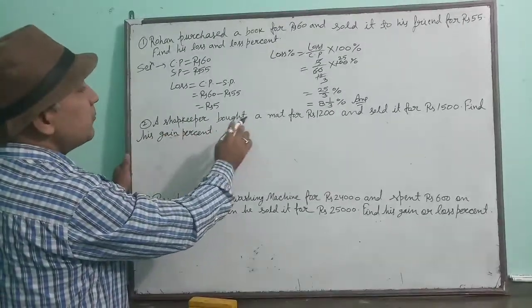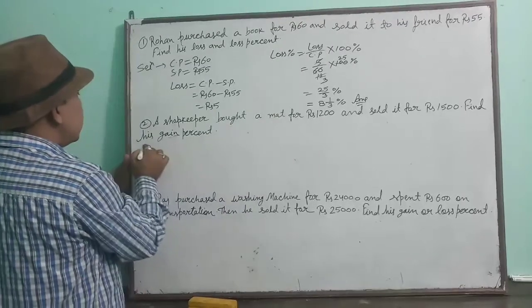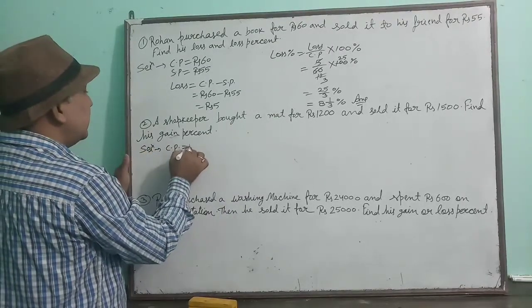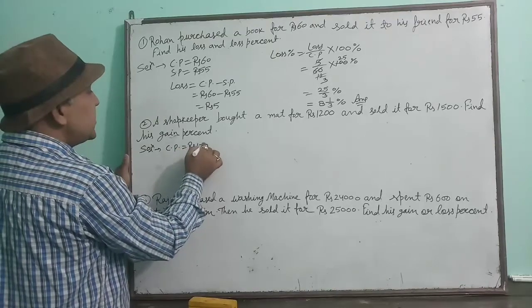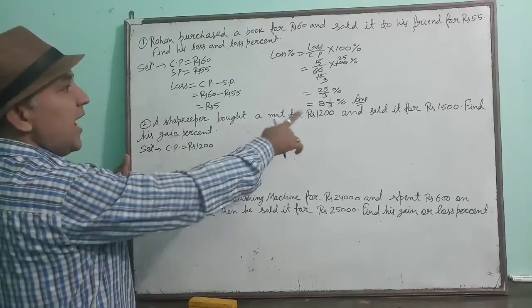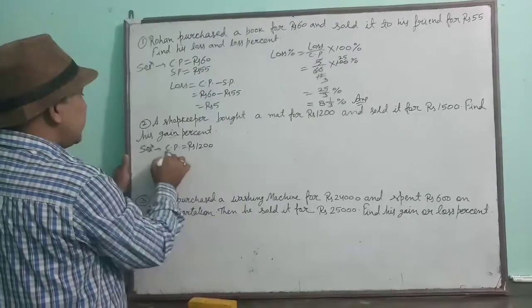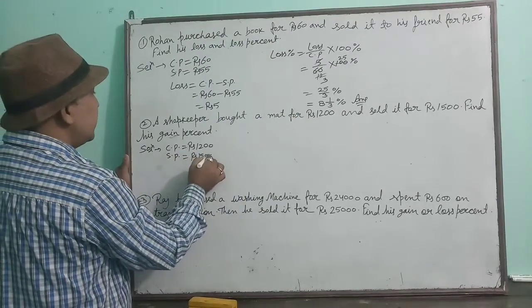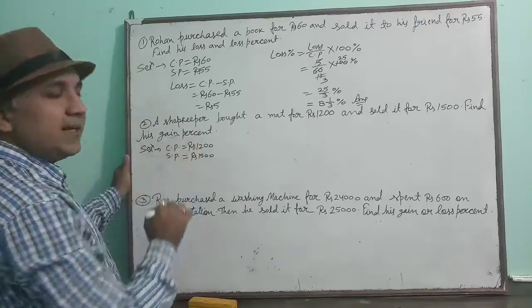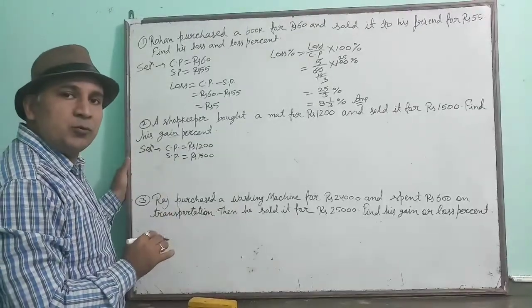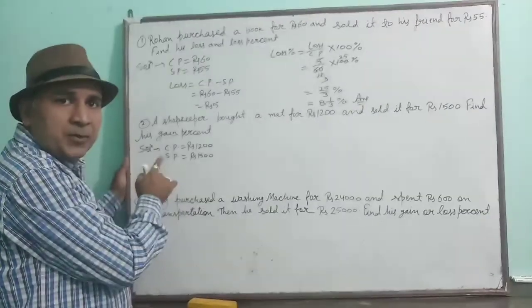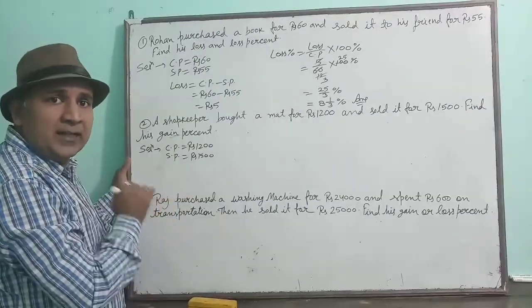A shopkeeper bought a mat for 1200 rupees. Again in your question the cost price is given, rupees 1200, and sold it for rupees 1500, meaning the selling price is given as rupees 1500. Find his gain percent. Here we have to find gain percent only, but to find the gain percent we must find the gain also.